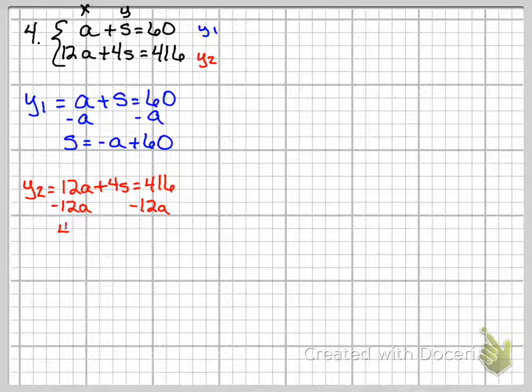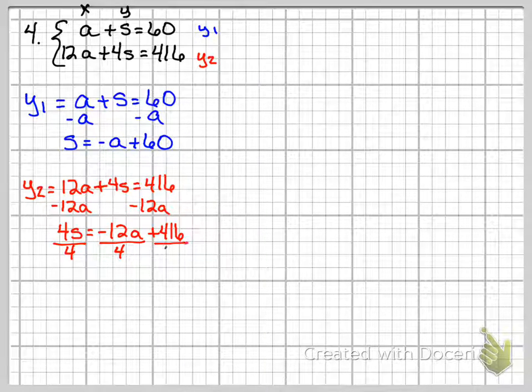That gives me 4S is equal to -12A plus 416. I'll divide all that by 4. That gives me S is equal to negative 3A plus 104.